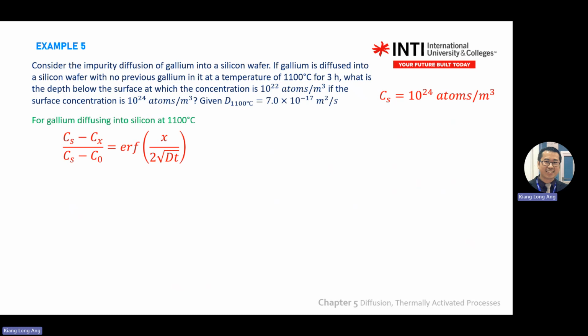We do the same, but now the concentration is atoms per meter cubed. Same thing, the same procedure. Only need to be careful on that unit. Because CS is given, Cx, you know the target location is this one. C0.